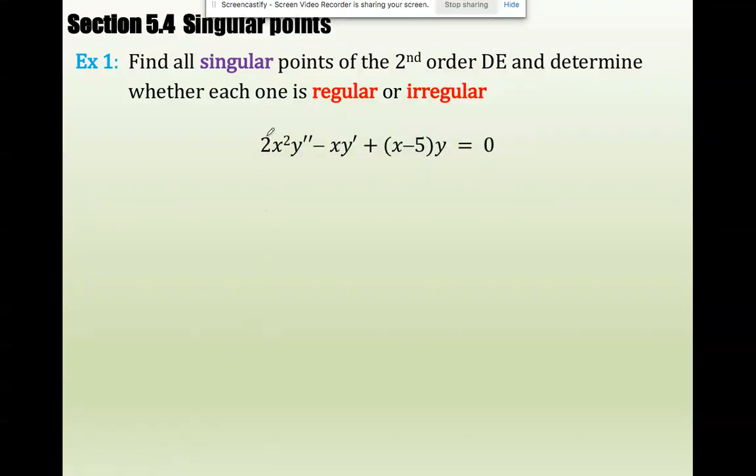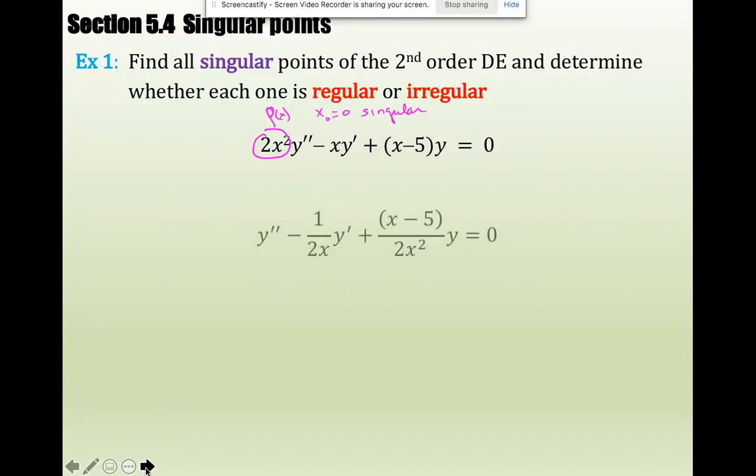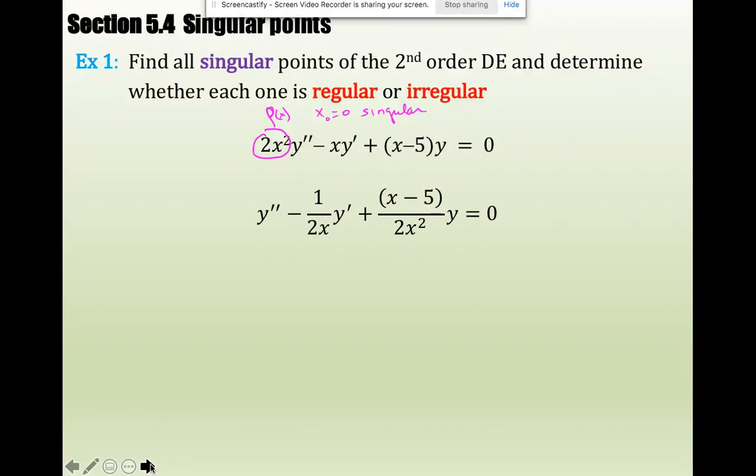So here's my equation. I identify 2x squared as P of x, capital P of x. You can either think your irregular points here, singular, or you can wait till you get this into standard form. And now just look at P of x and Q of x.